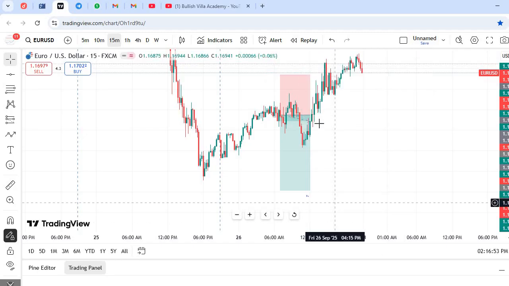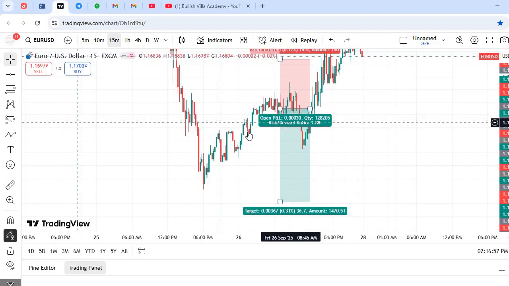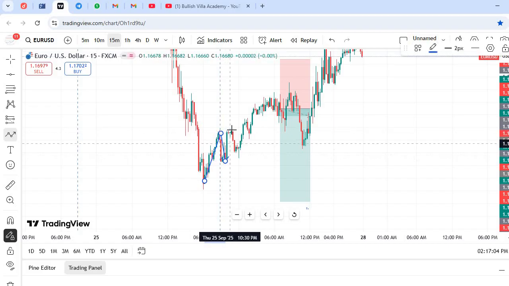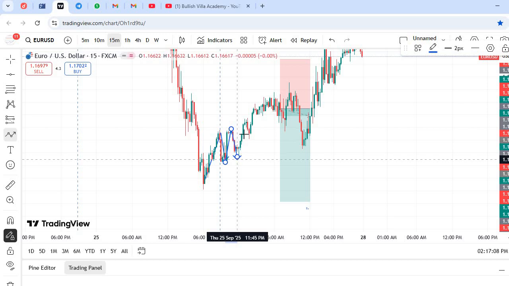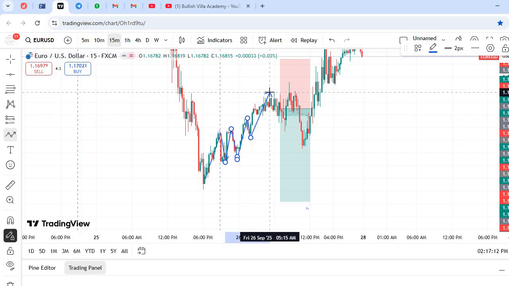Then number two, we had a push, a pullback, higher high, higher low, higher high, higher low. Then we had a higher high. Then we had a higher low. Can you see? Then we had this next higher high.